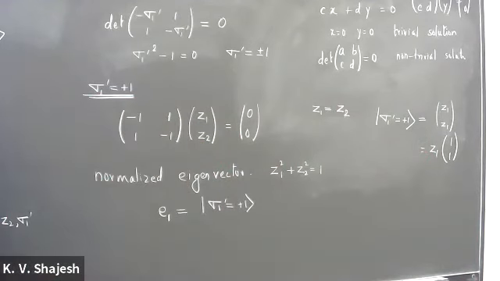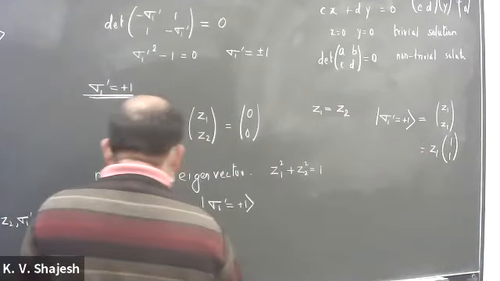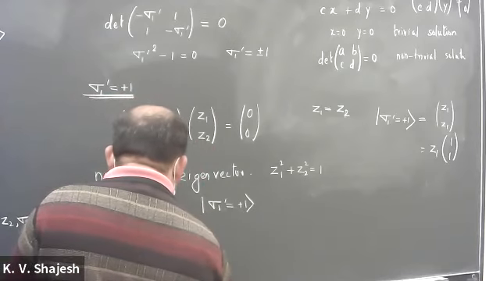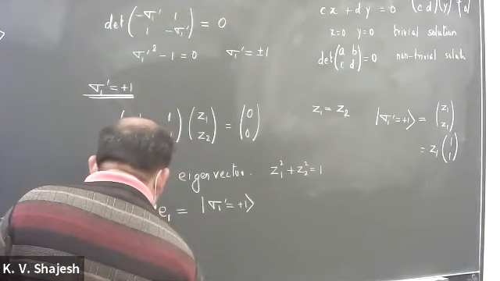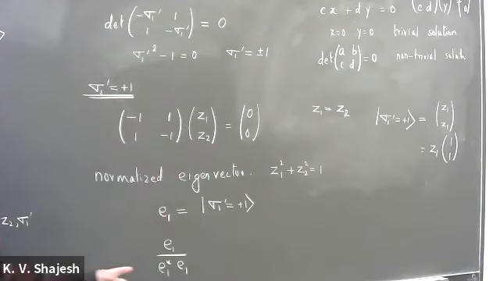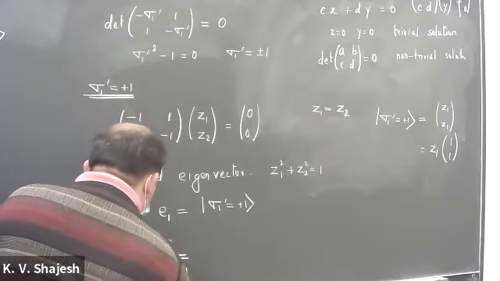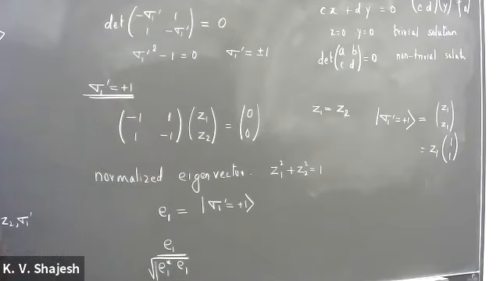And the normalization will be E1 over the square root of E1 star times E1, right? Yeah, because of the complex feature of that.